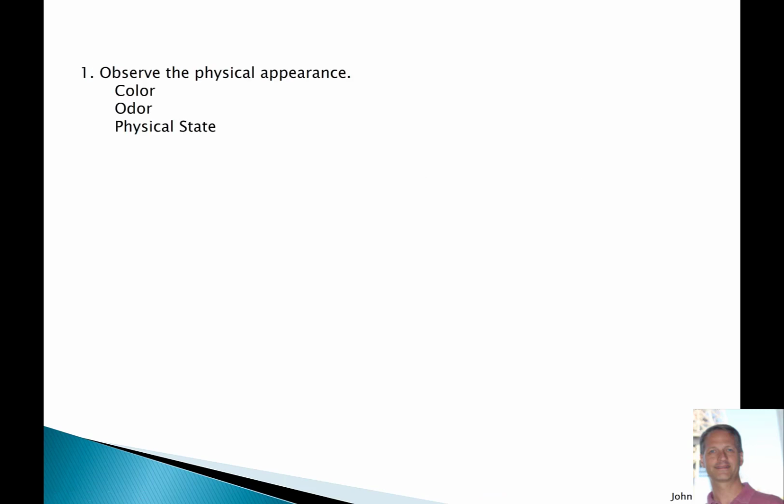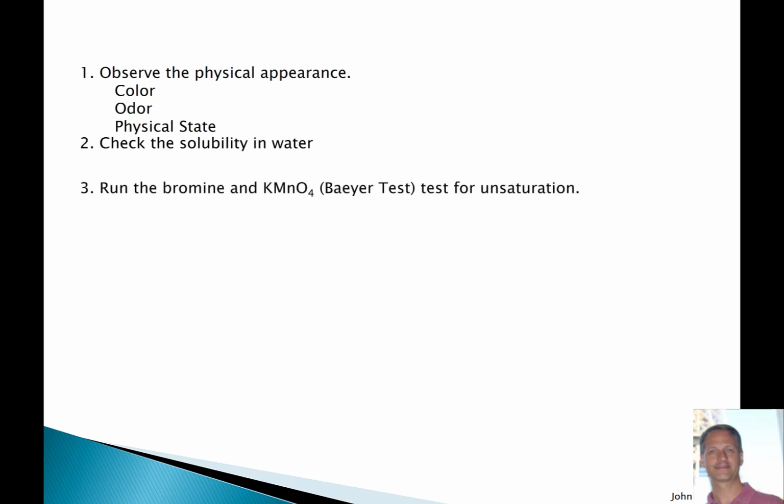Now what we're going to do is observe the physical appearance, color, odor, and physical state. We're going to check the solubility in water. That'll tell us something about the carbon chain length. We're going to run a bromine test, and that will test for the presence of double bonds. And we might use potassium permanganate.